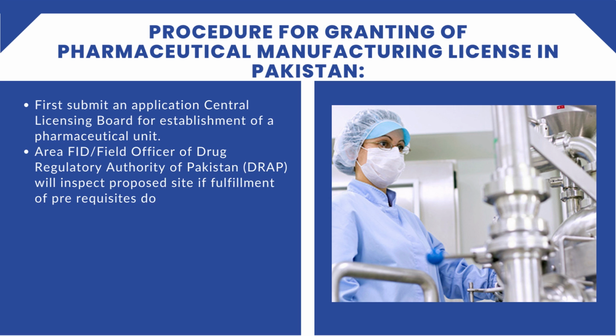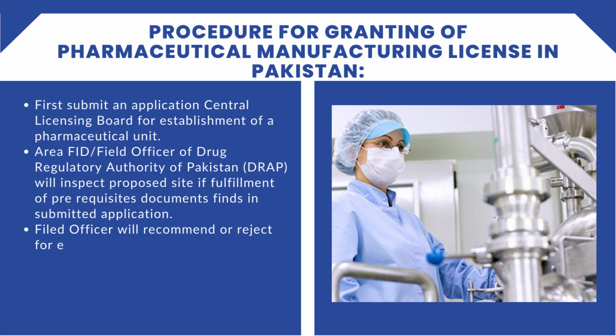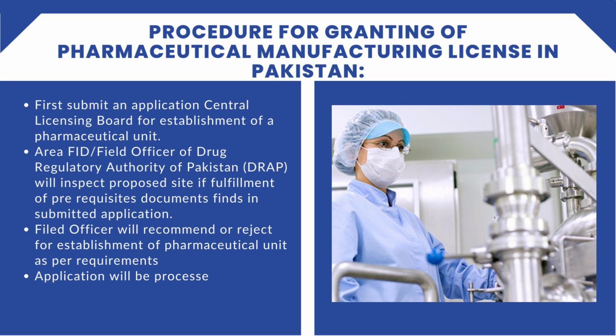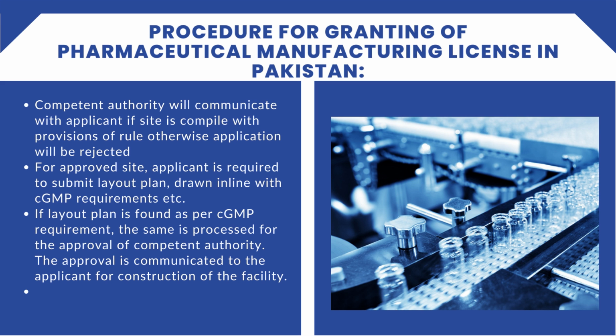The field officer will recommend or reject the establishment of the pharmaceutical unit as per requirements under Schedule B of the Drugs Licensing, Registering, and Advertising Rules, 1976, framed under the Drugs Act, 1976. The application will be processed to the competent authority for site approval. The competent authority will communicate with the applicant if the site complies with the provisions of the rules, otherwise the application will be rejected.